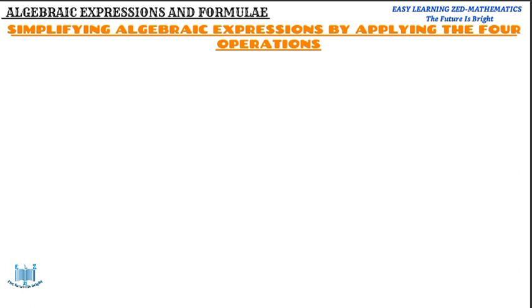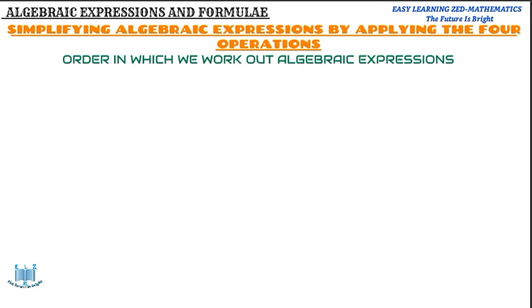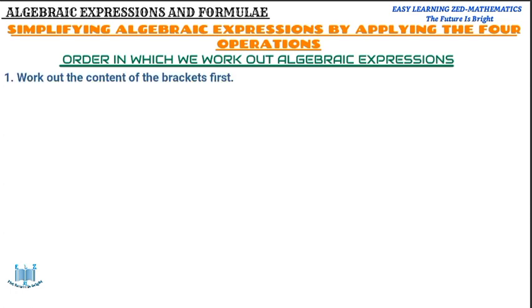Before I go into simplifying algebraic expressions, let me share with you the steps you need to take when you are simplifying algebraic expressions that have four operations. This is the order in which we work out an algebraic expression. The first one is work out the content of the brackets first.